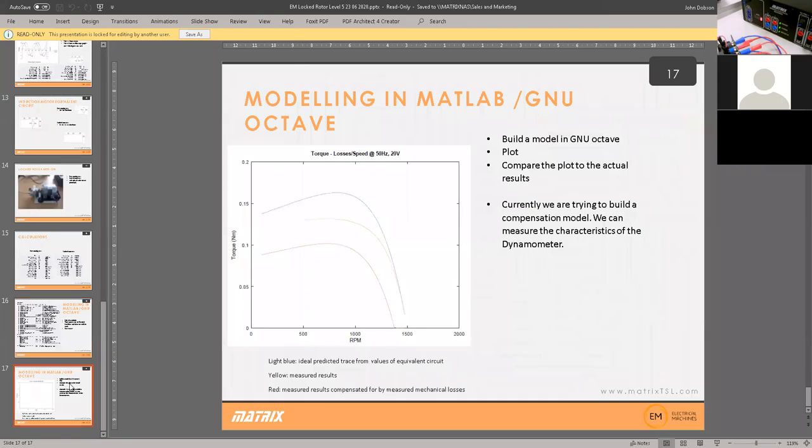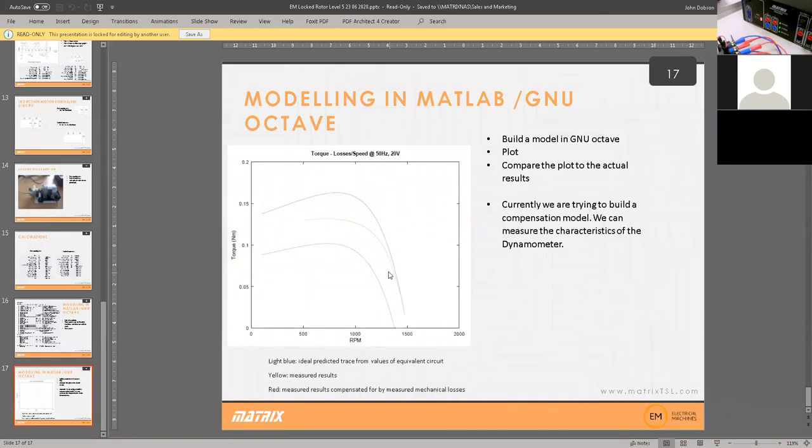And in front of you, you can see hopefully a graph with 3 lines on it. The blue line here, the top line, is the results that we get using the values of all the circuit equivalent circuit terms once it's been modeled, in this case in GNU Octave.